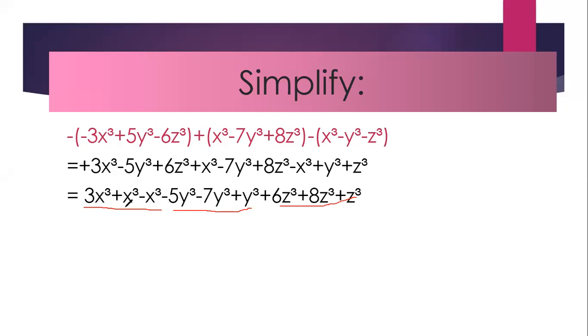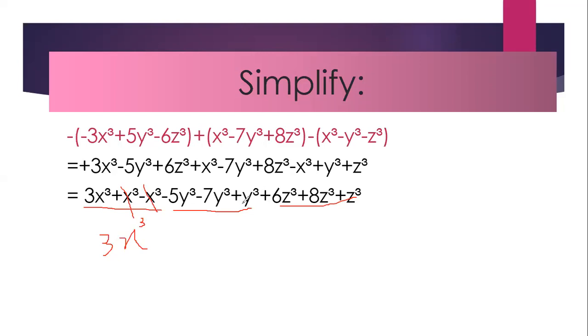So 3 plus 1, 4. 4 minus 1 give you 3. Okay? Or simply what you can do, plus x cube and minus x cube will be cancelled. Simple. So you get 3x cube, right?